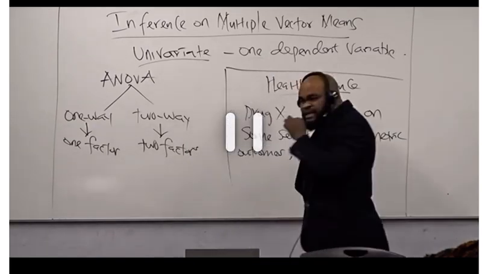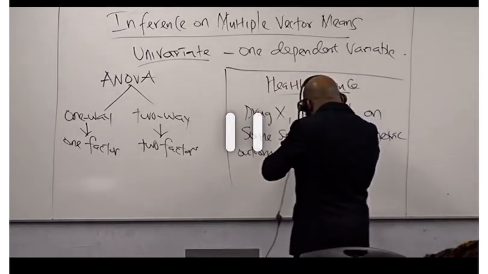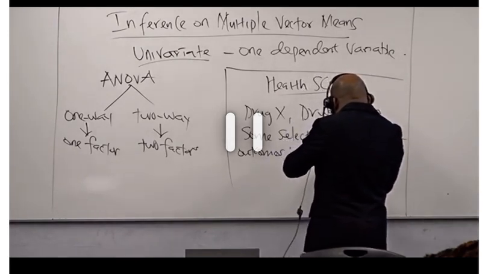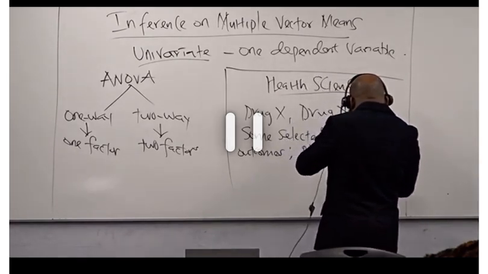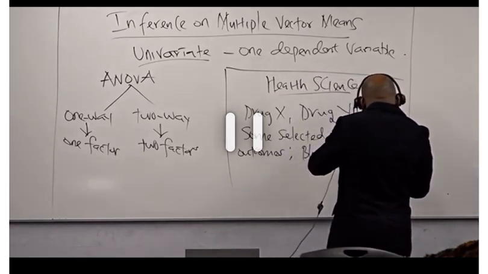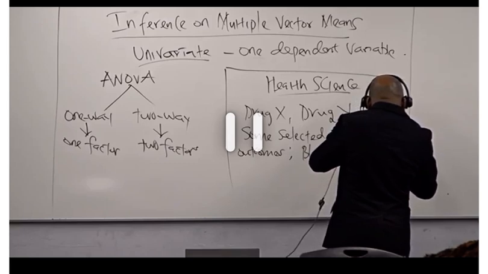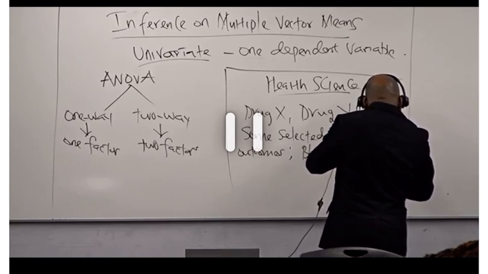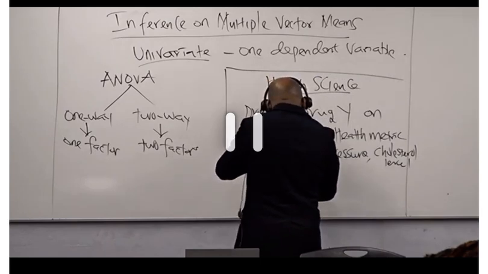Maybe the selected outcomes are number 1, blood pressure, number 2, cholesterol level, and number 3, heart rate.